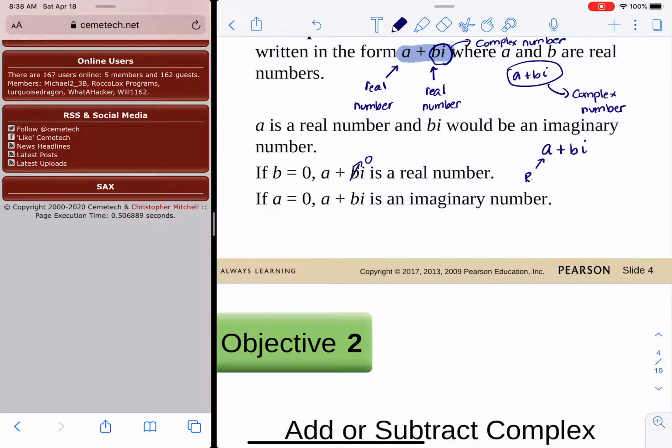The first number is what we call the real part of the complex number. The second is the imaginary part of the complex number. So, on the other hand, if a is 0, we end up getting b times i, and b times i is an imaginary number because there is an i there.